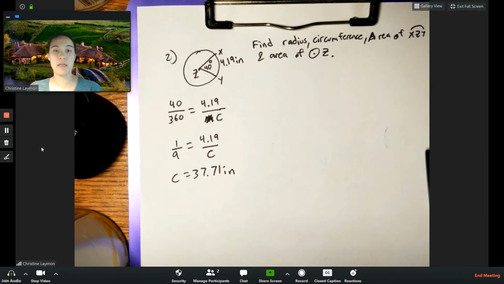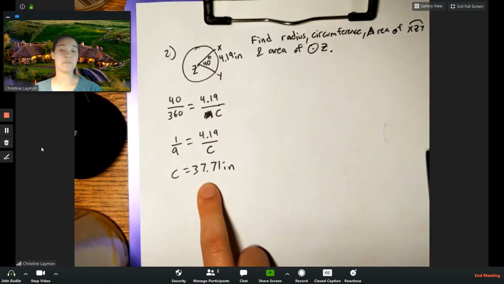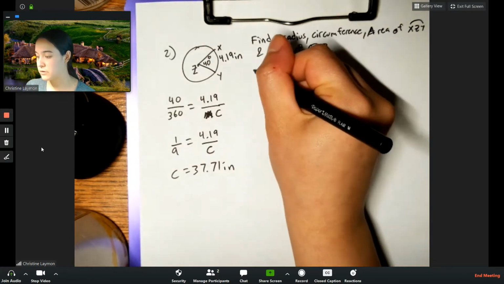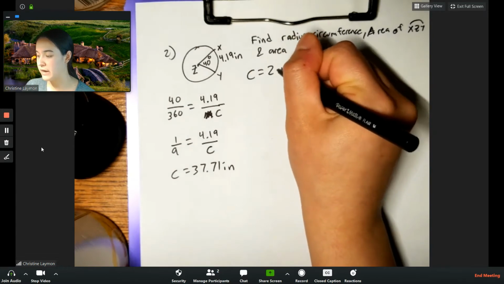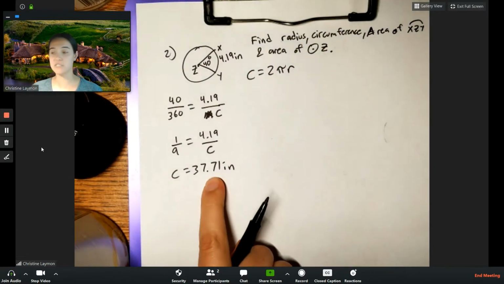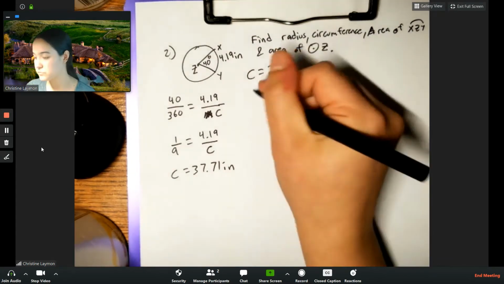Let's go ahead and find radius. I can find the radius by either using this portion here or by using this one here. I'm going to do it off of this one here. Remember that we know that circumference is 2 pi times the radius. So 37.71 equals 2 pi r.